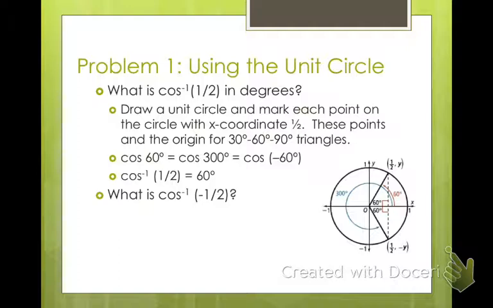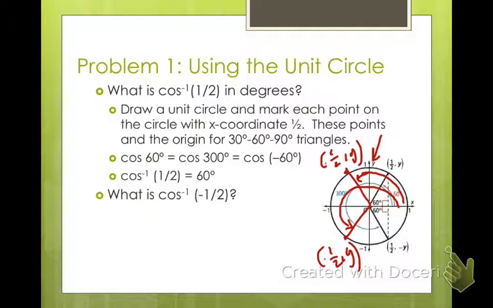So what's cosine inverse of -1/2? Well, -1/2 would be here on our unit circle, and down here. So what are the degree measures of these two? Hopefully you remember from your unit circle, this is 90 plus another 30, which makes 120 degrees.